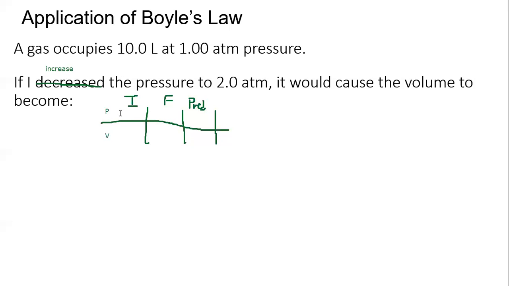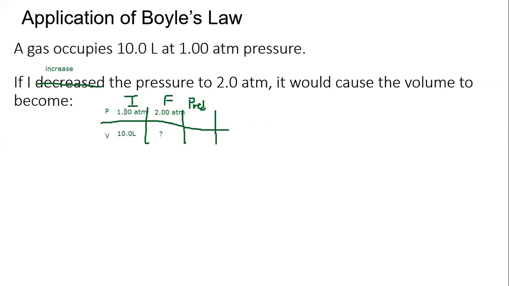So initially our pressure is 1 atmosphere. Our volume is 10 liters. In our final state, our pressure is increased to 2 atmospheres, we're looking for the new volume.